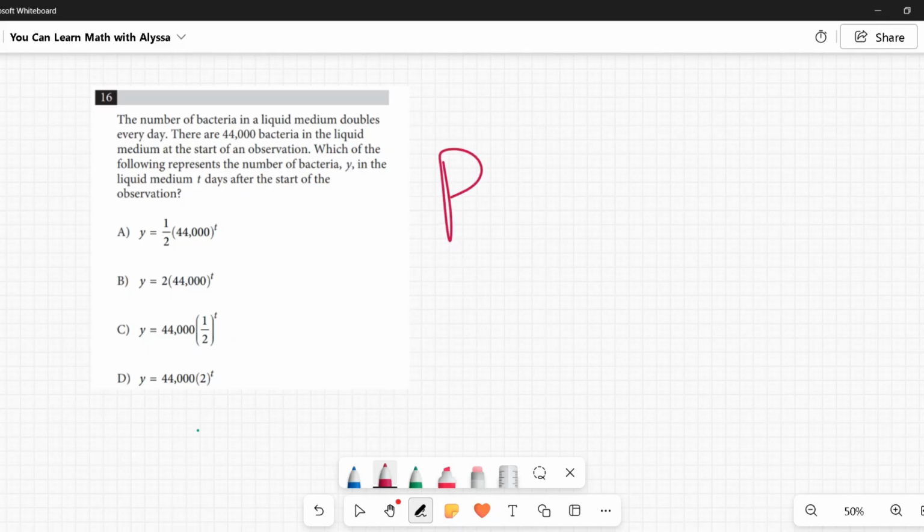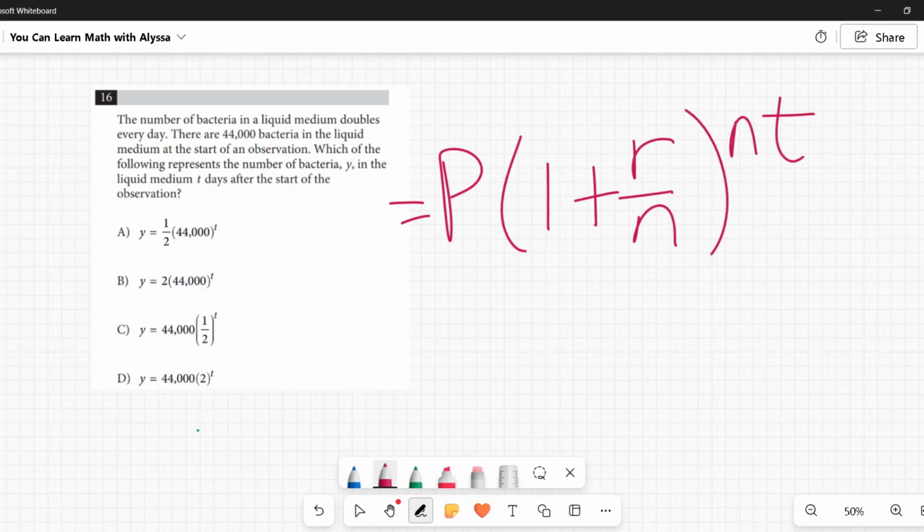The formula for compound interest, this is the one you may see in your math book, where P is your starting amount, R is your rate of increase, T is your time, and N is how many times you're compounding. So that's the compound interest version. The one for population growth is a little bit different than that.